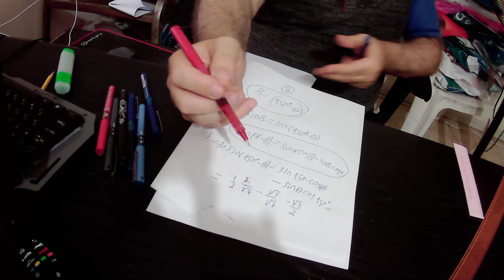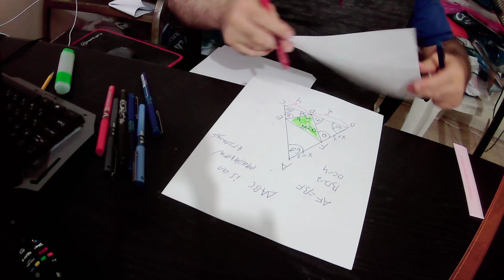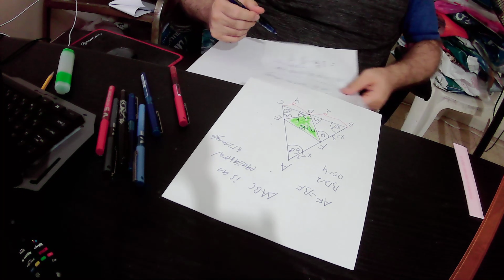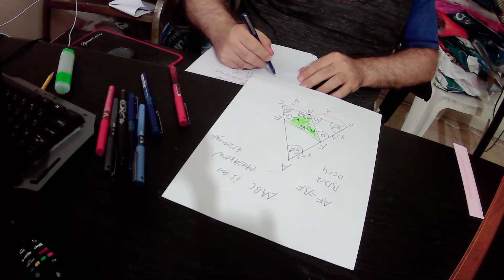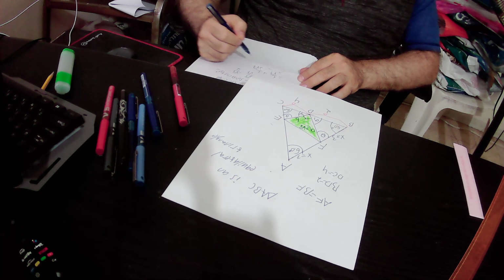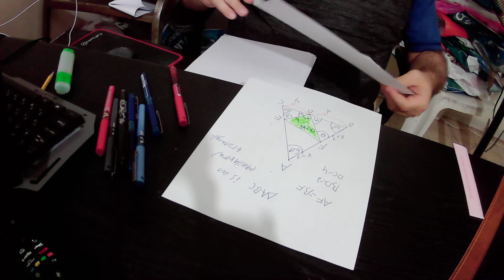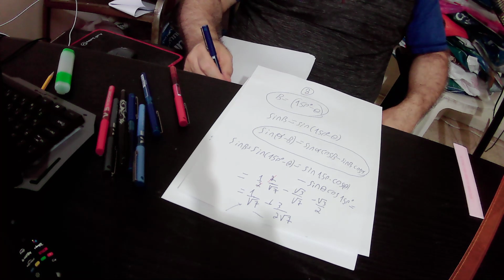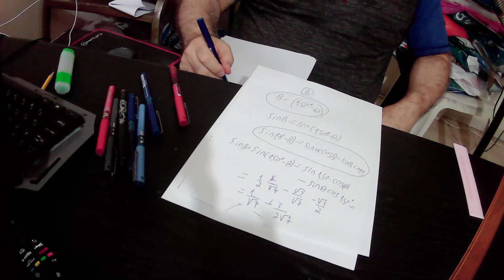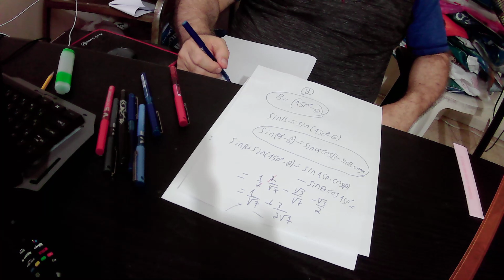So in total we got that sine beta equals 1 over root 7 plus 3 over 2 times root 7.